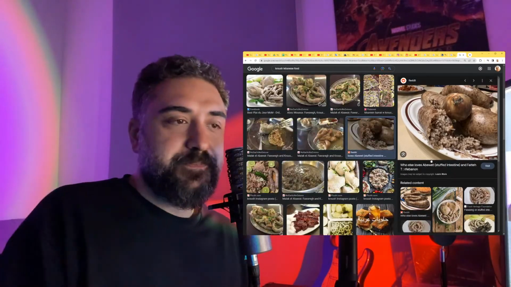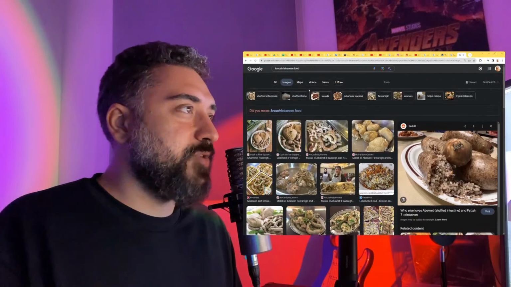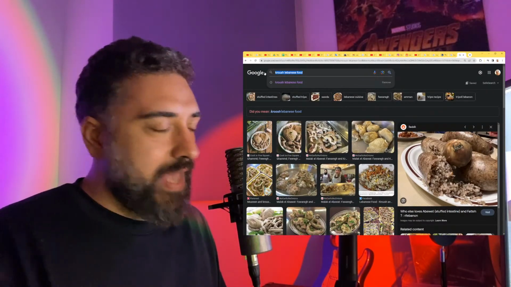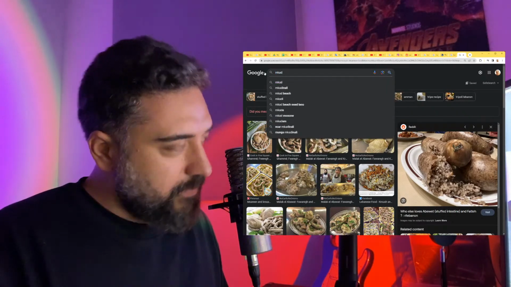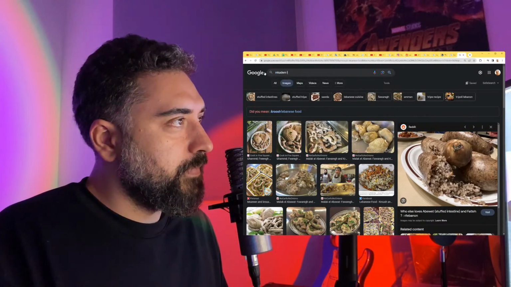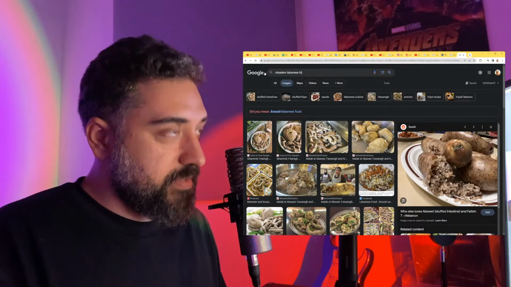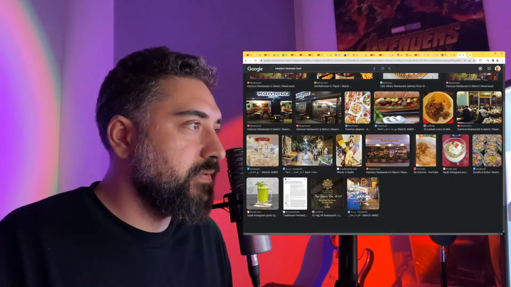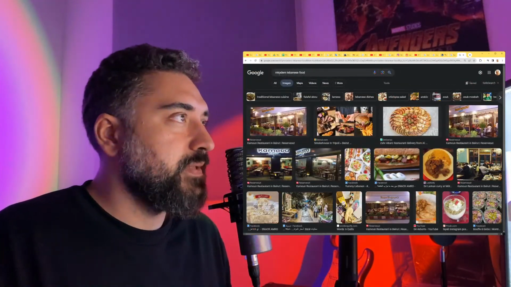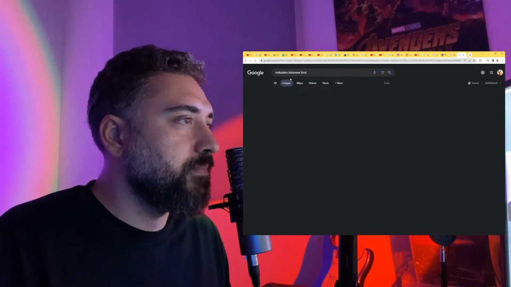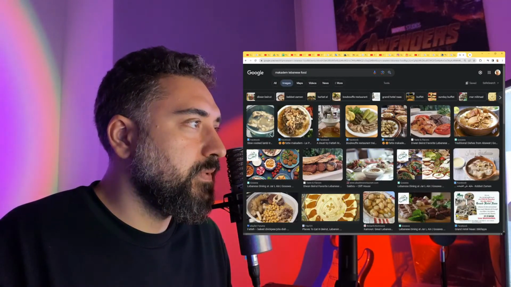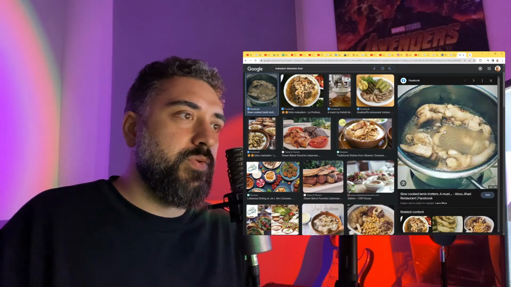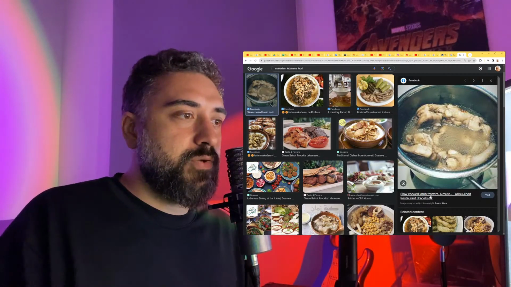So yes, I have indeed had tripe, and the one Lebanese food that I can't eat. I just don't know how to write it. Maybe it's ma'adim. Ma'adim. Yeah, there it is. So it says it's slow cooked lamb trotters.